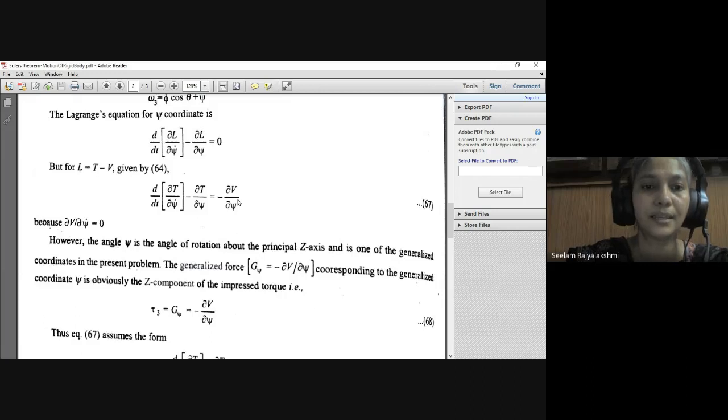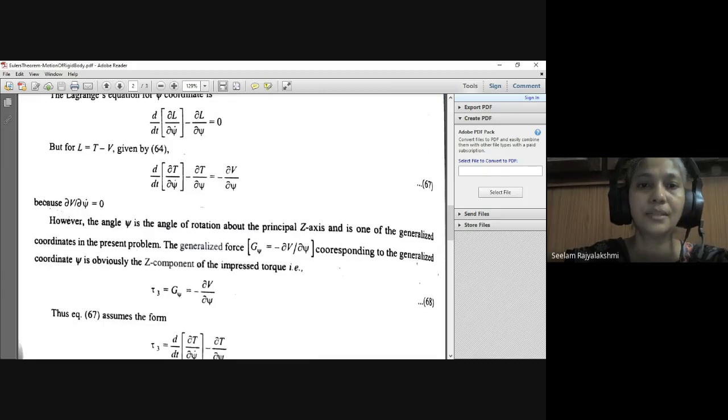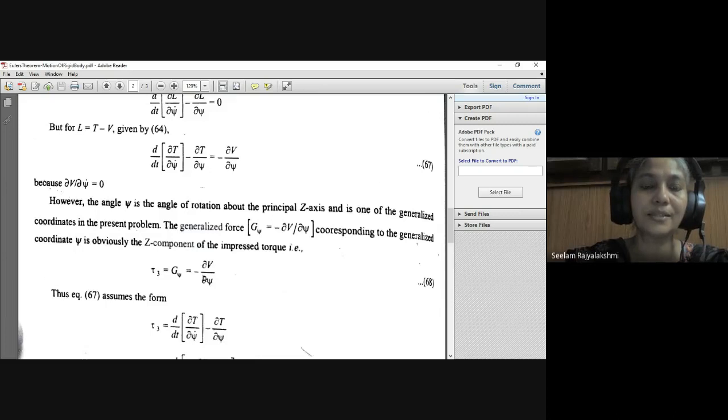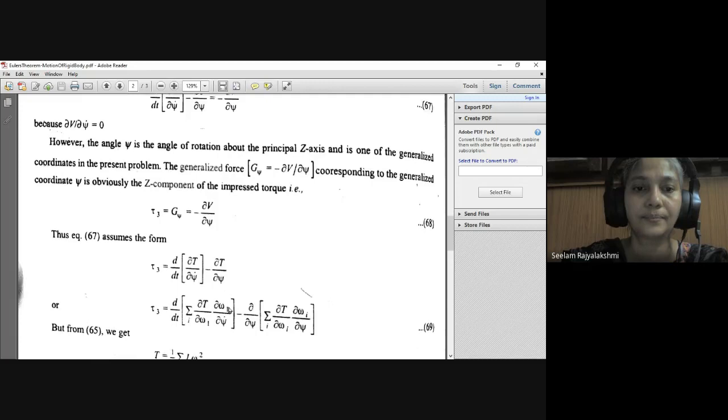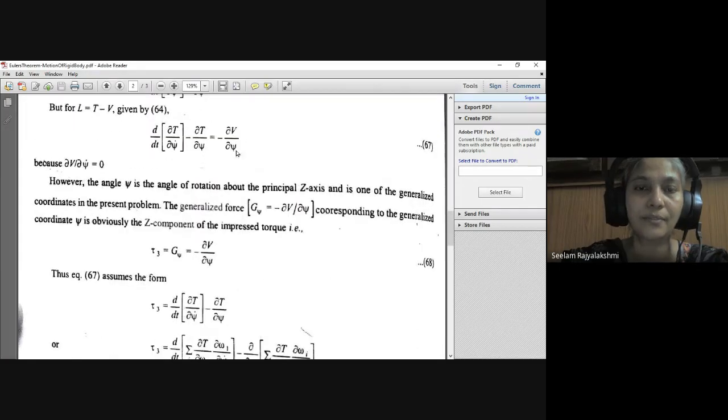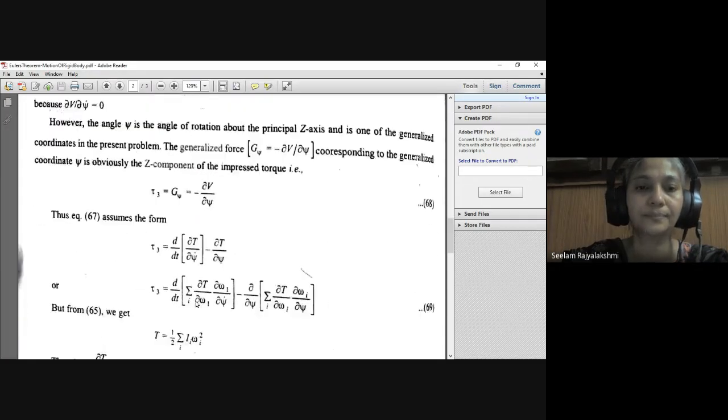That is, tau 3 equals G psi, which equals minus dou V by dou psi. So equation number 67 assumes the form tau 3 equals d by dt of dou T by dou psi dot minus dou T by dou psi.